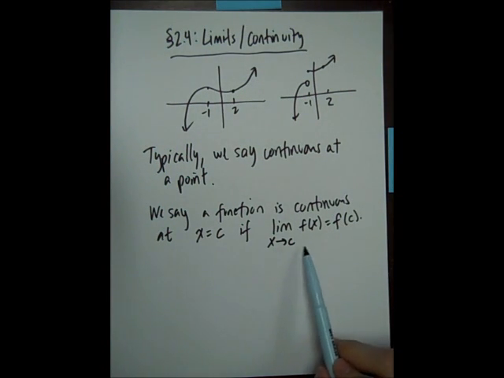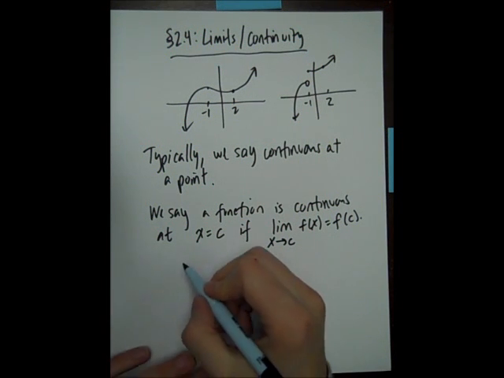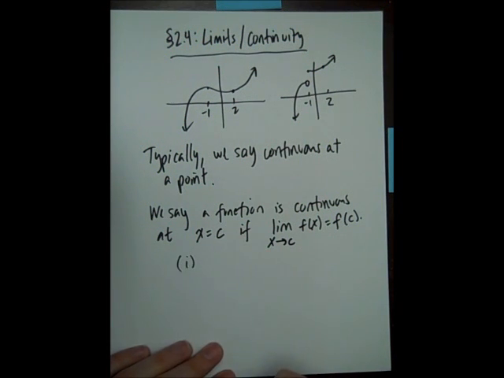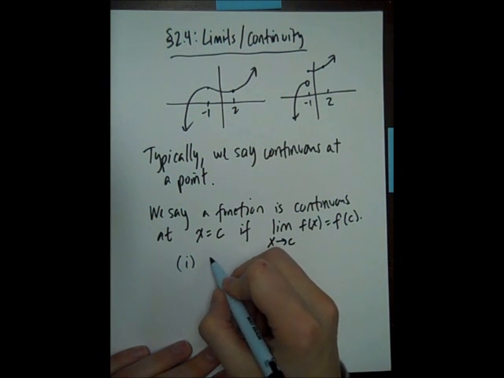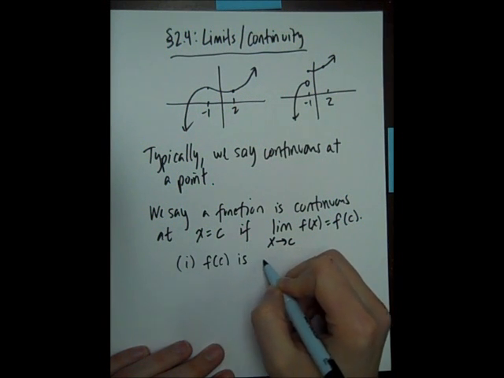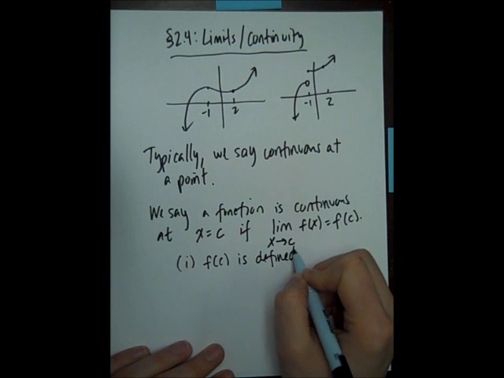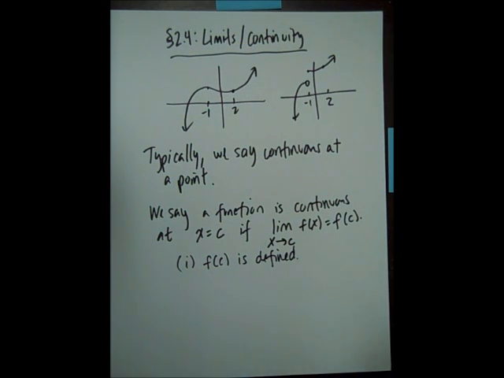Now I know this is just kind of one equality, but this actually means 3 different things. Number 1, I have to have that f of c is defined. I can't have that I can't even plug in c to my function.